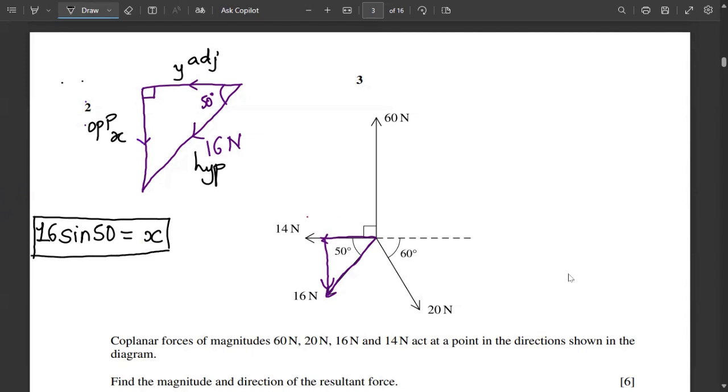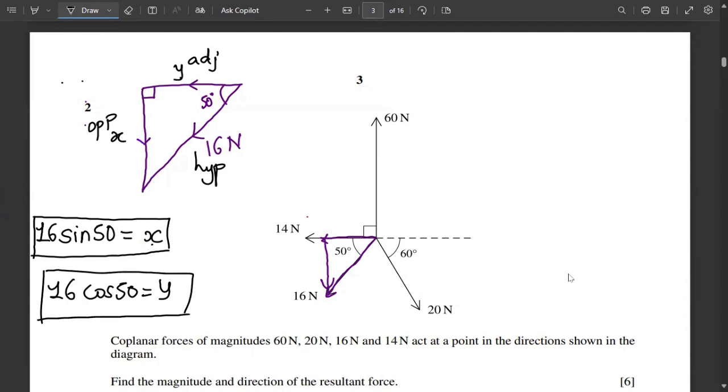And the other is this one, y. I can use cos because that is the adjacent side. So cos 50 is equal to y upon 16. Again the 16 can go there, so we'll be left with 16 cos 50 equals y.